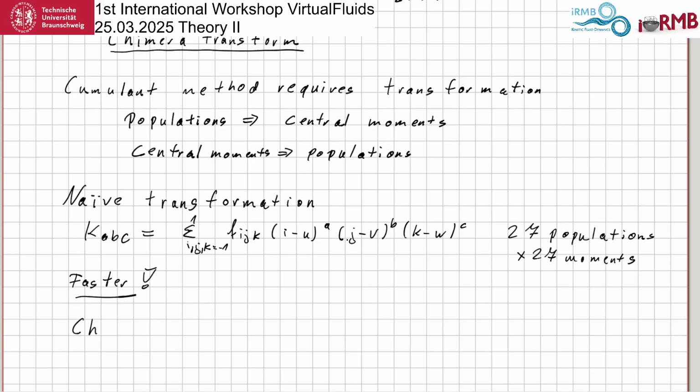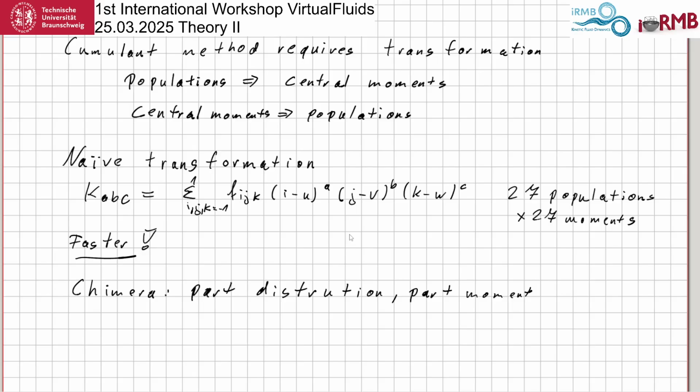So we introduce chimeras, and the chimera is part distribution and part moment. Okay, I'm stupid, part distribution and part moment. And then we simply do the following, and this is my stupid notation.